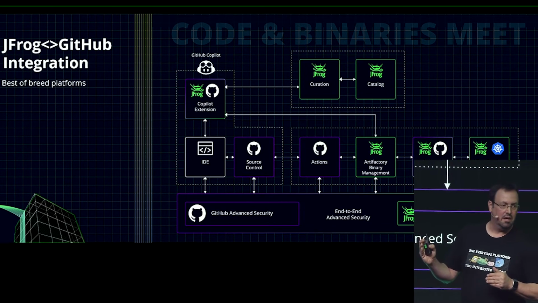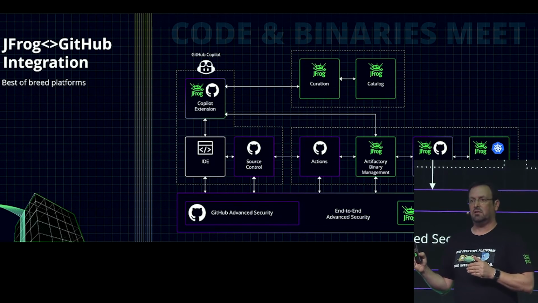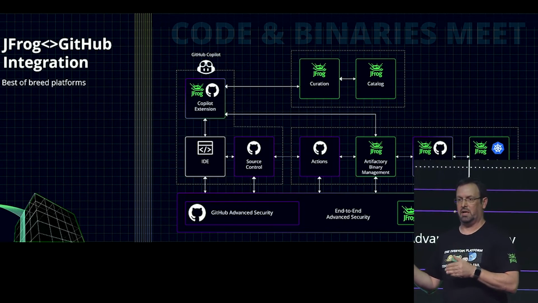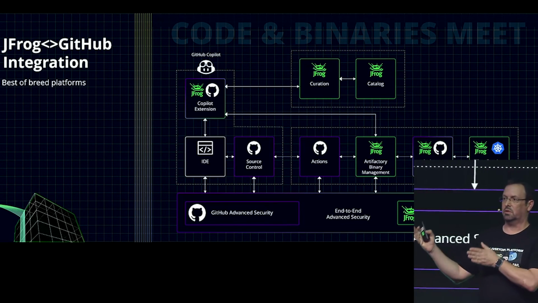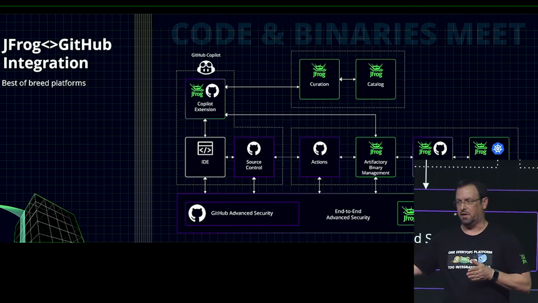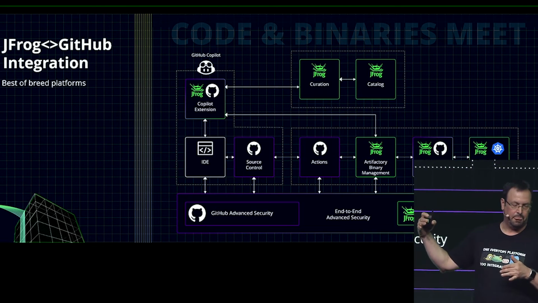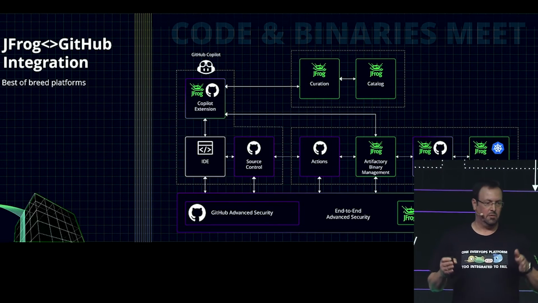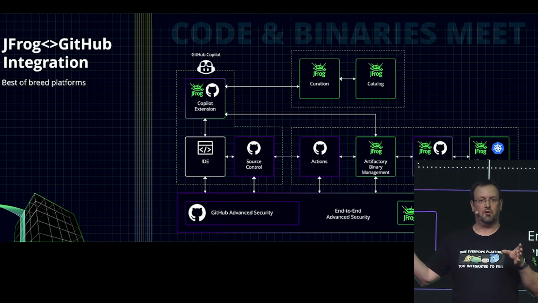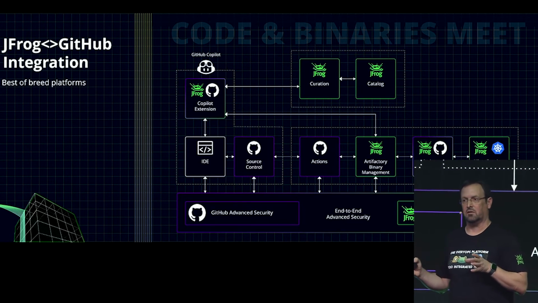We announced an integration which is not an integration of features, but a real best of breed of two platforms. GitHub, in terms of code and CI, connected all the way to the binaries, to Artifactory. That's the middle section. And then you have, we will speak about it today, Copilot using JFrog Curation and JFrog Catalog.